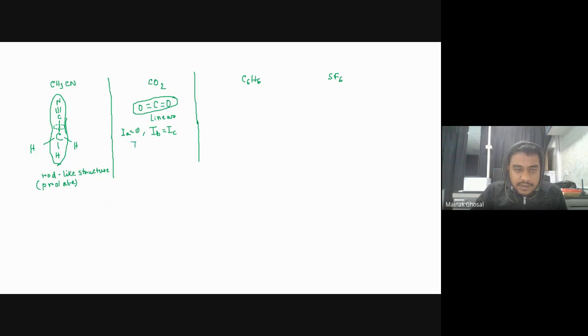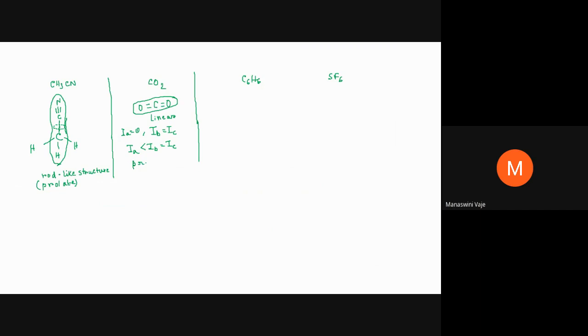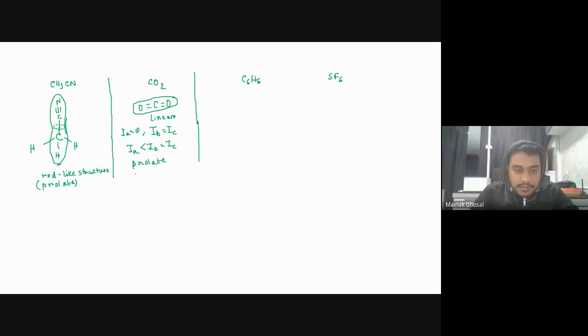So it will satisfy the condition that IA is less than IB, which equals IC. So it will fall under the prolate category. So two prolate molecules I have got.